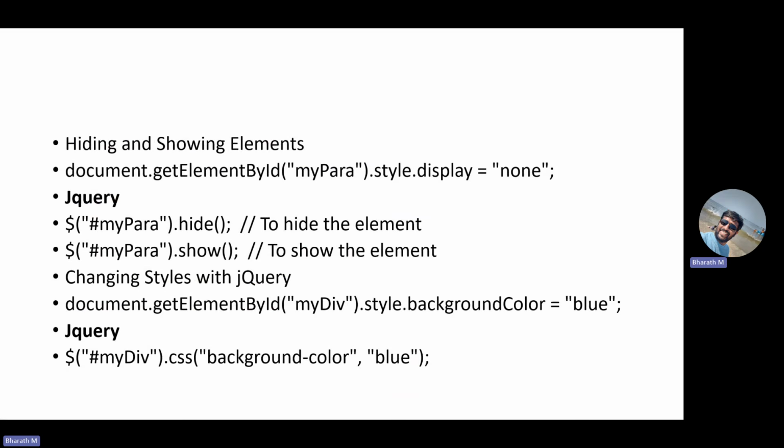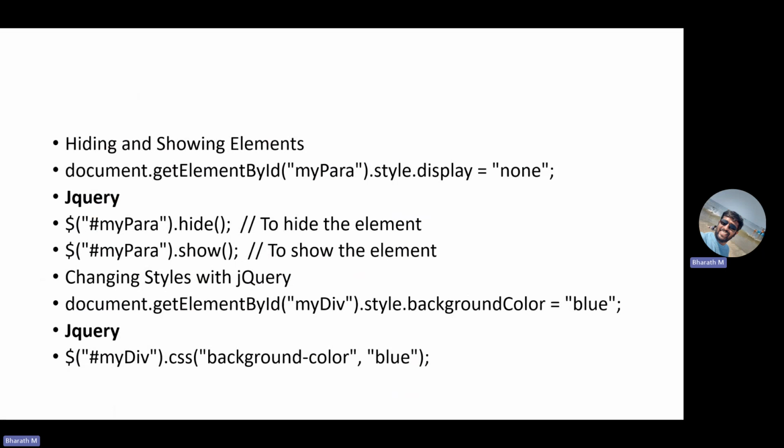But when it comes to jQuery, again, dollar my div, that is the id, dot css. And one more thing you need to remember in jQuery, when you specify a particular id, it must be with a hash. Okay.